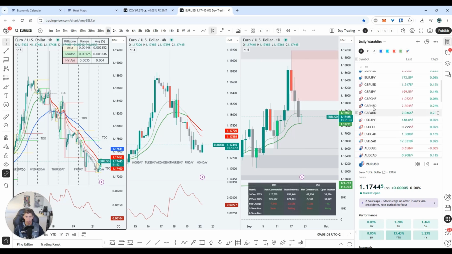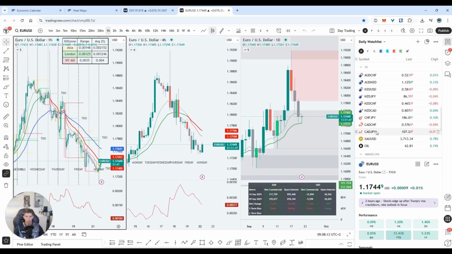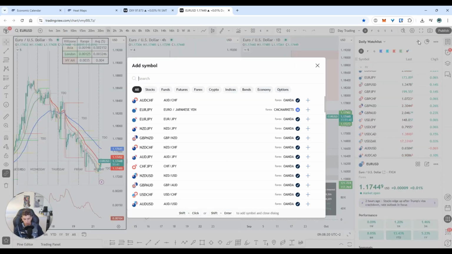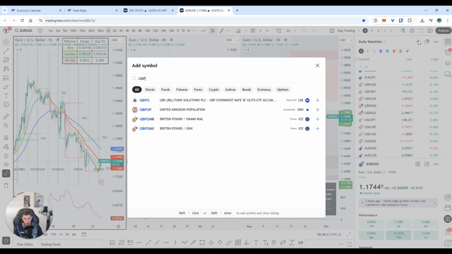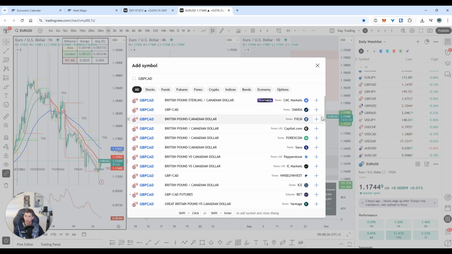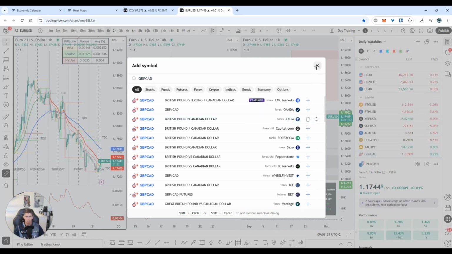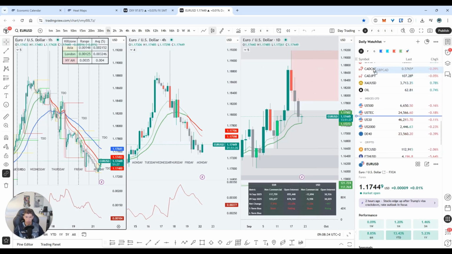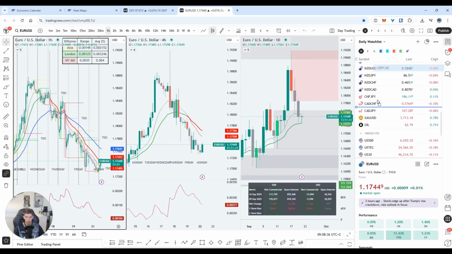GBPCAD. Let's check GBPCAD. Where is it? I don't have it, so let's add it. That's kind of strange, but okay. Crypto is having a really red start of week.